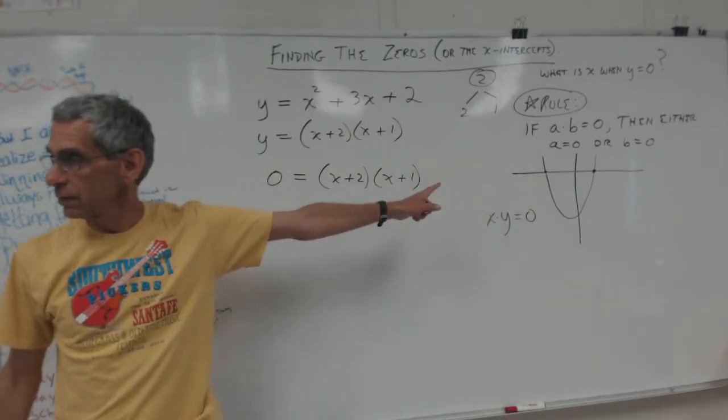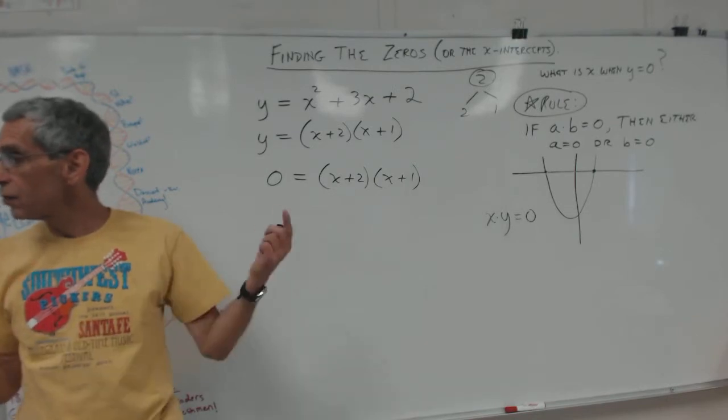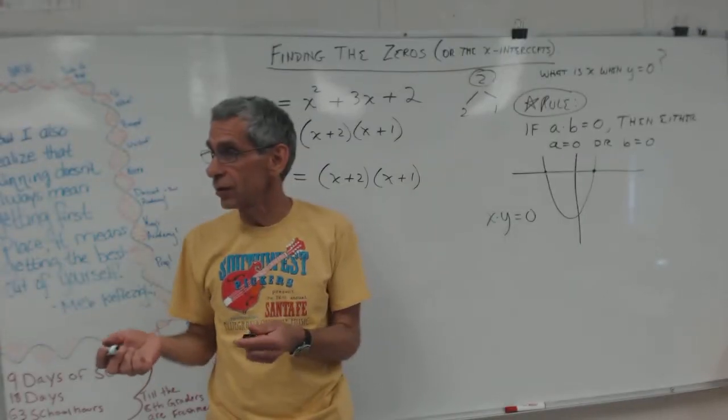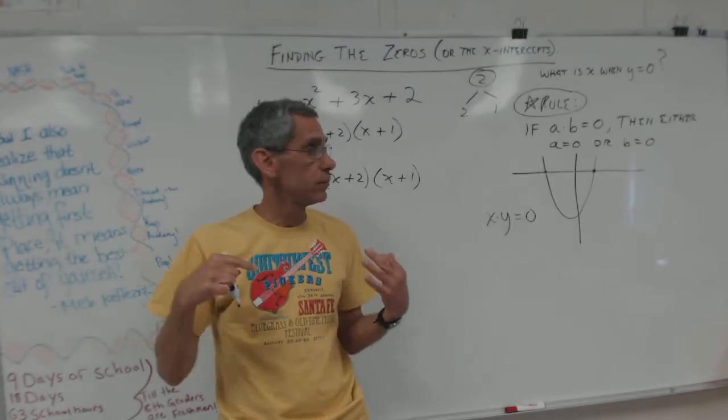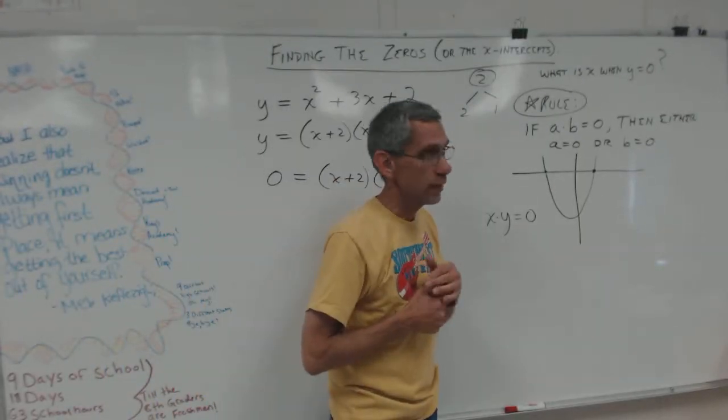All right, did you write that down? Write it down. This is all really important. This is notes, right? If a times b equals 0, then either a equals 0 or b equals 0.